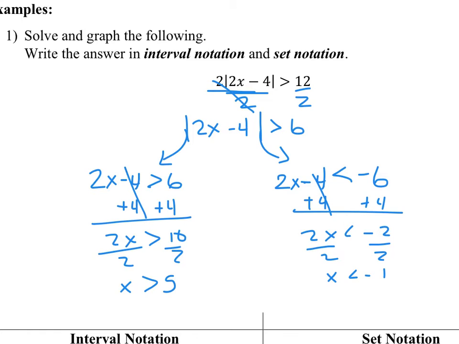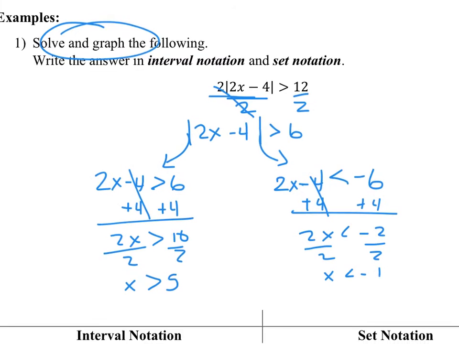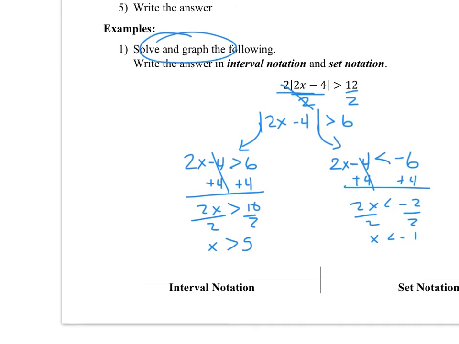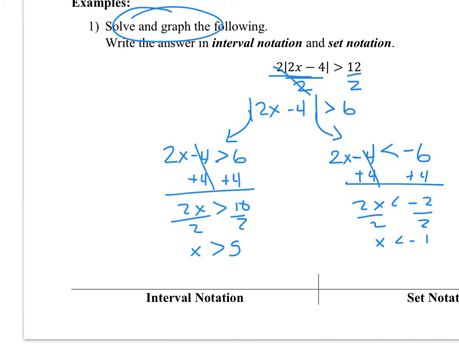Okay, but now we have to make sure we write our answer correctly. So it says solve and graph. So that means the graph, since there's only one variable here, is going to be on a number line. So I like to do each one separately. So I'm going to graph x is greater than 5. So here's where 0 would be.